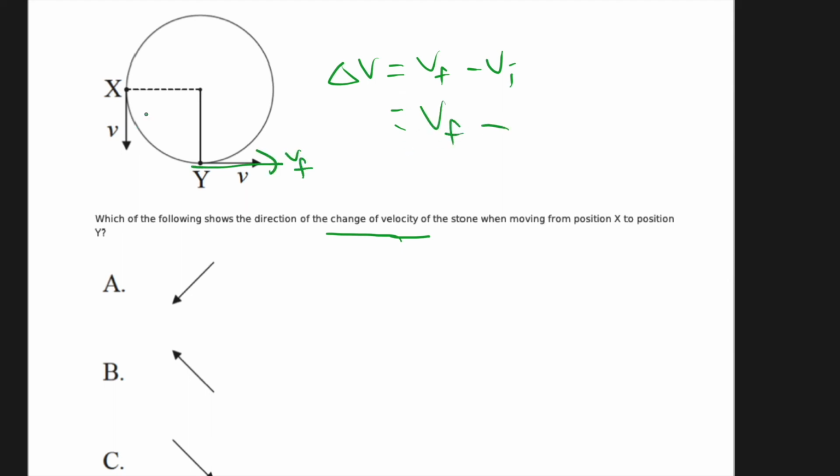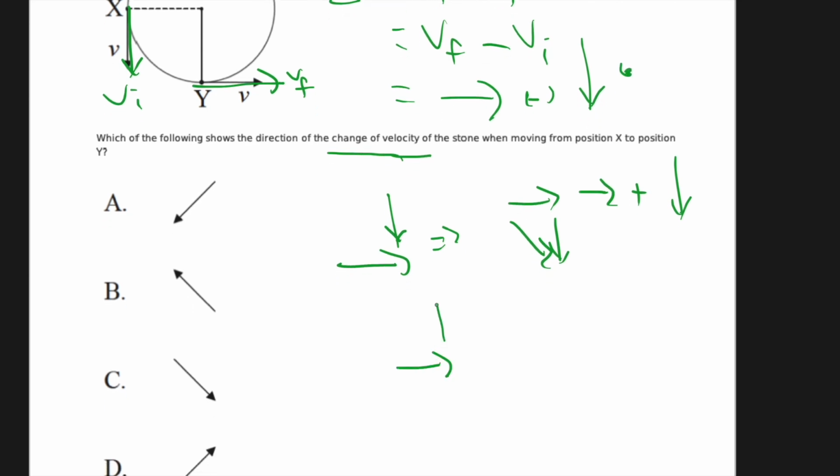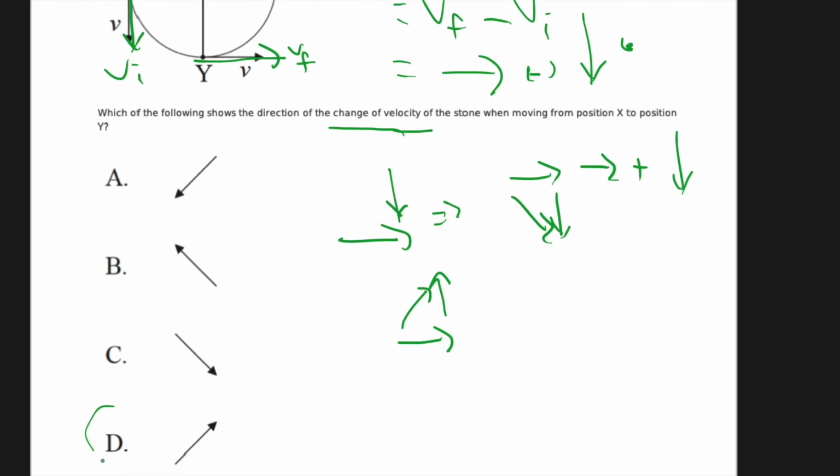VF minus, this is the direction of VI. So it is equal to this arrow minus, I'll put parentheses here, this arrow. If you do this, you will get C, but this is not correct because this is addition. So in order to do this, you need to reverse the direction of this one. So the answer will be D.